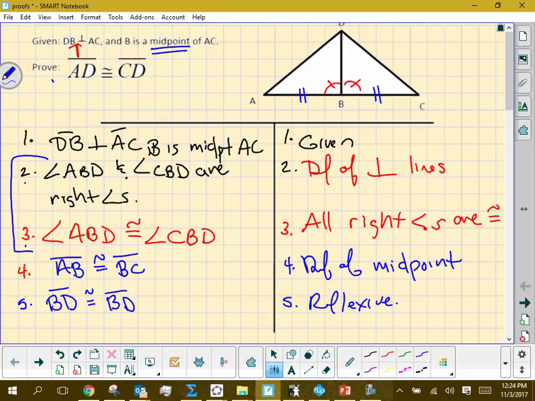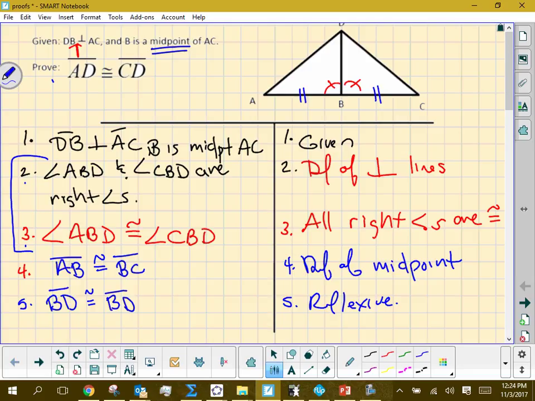When I say midpoint, that encapsulates the idea that if they ever tell you there's a segment bisector, so this question could have said DB is a segment bisector. Well, if I understand my definitions of segment bisectors, a component of a segment bisector is that it's going through a midpoint of another segment. So segment bisectors lead us to midpoints as well.